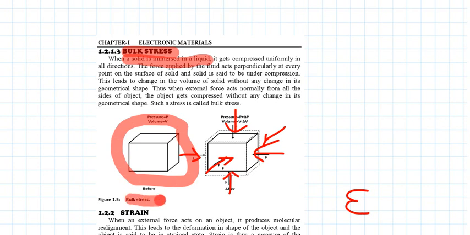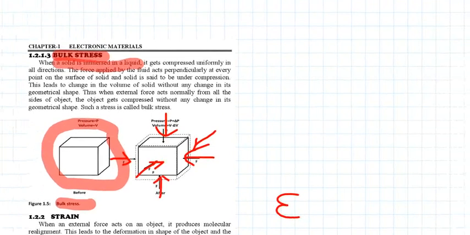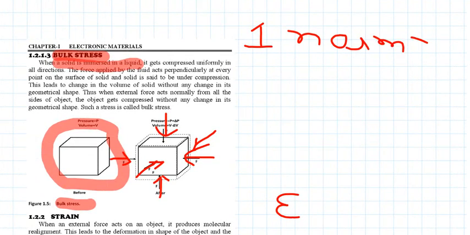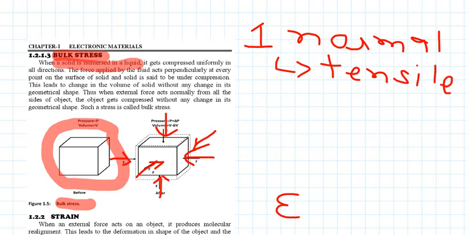The first one is normal stress. Normal stress can again be classified as tensile stress and compressive stress. The second one is shearing stress.